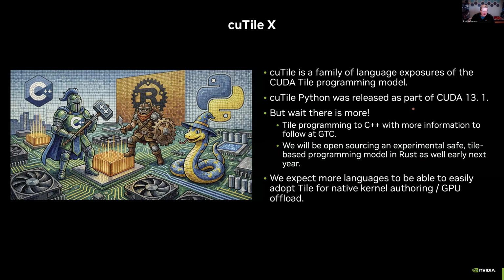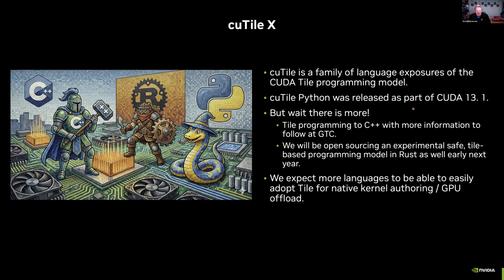Already, just looking cursorily this morning at what the tile IR ecosystem actually looked like, I'm pretty sure I saw a Julia implementation. So you can see that the consequence of this being open source and flexible in terms of an intermediate representation means that there's already a community around this that is building more capabilities than even we're dedicating our time to at NVIDIA.